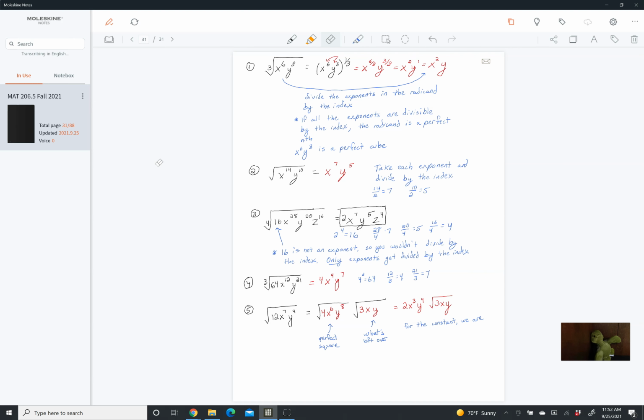Problems 1 and 2 don't have constants. So for the constant, we are finding the biggest factor that in this case is a perfect square root. But if we want to generalize it, a perfect nth root.